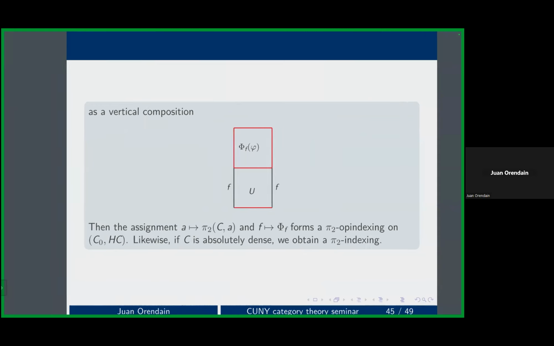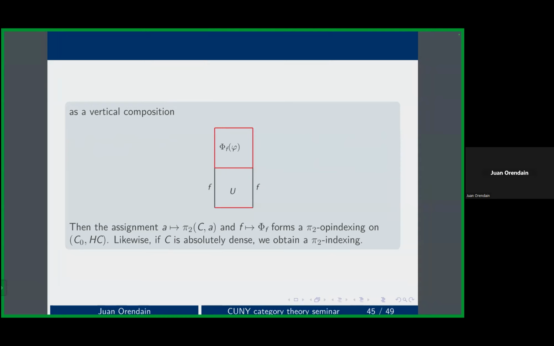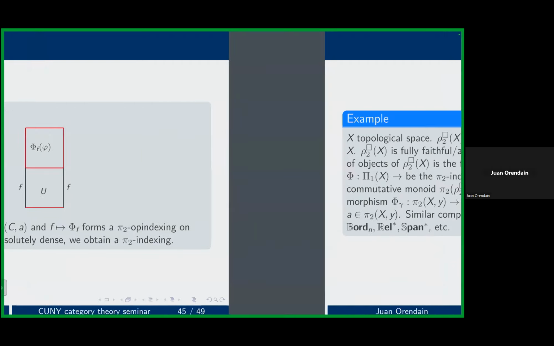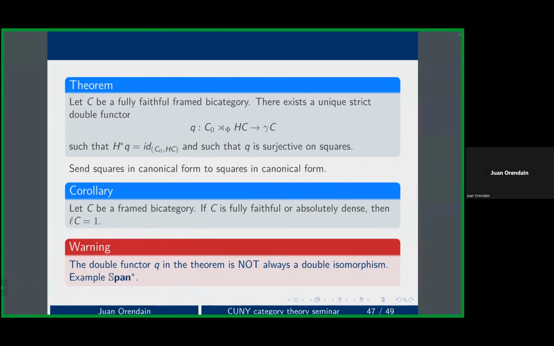Now, if we assume that C is, instead of fully faithful, absolutely dense, then we will get a pi2 indexing using the same method. So for every fully faithful double category we can extract a pi2 indexing, and for every absolutely dense frame bicategory we can extract a pi2 indexing. And yeah, there is an example here, but I won't go into that.